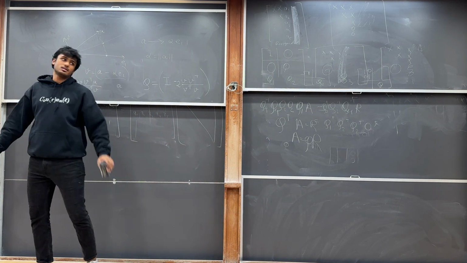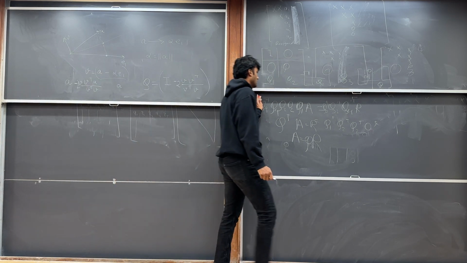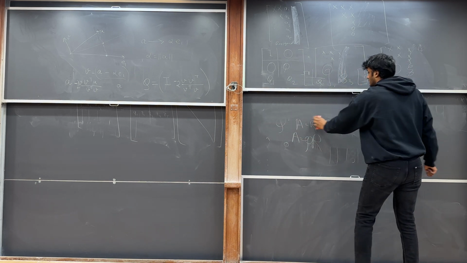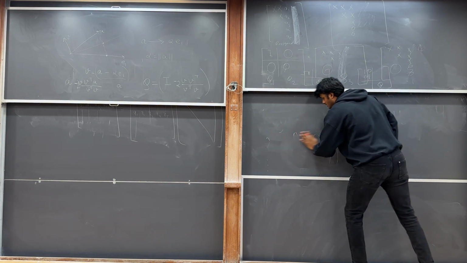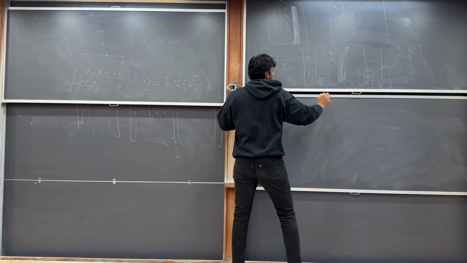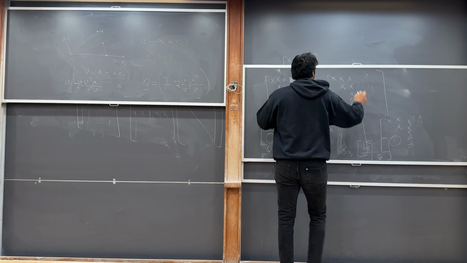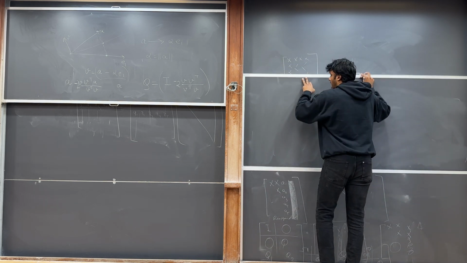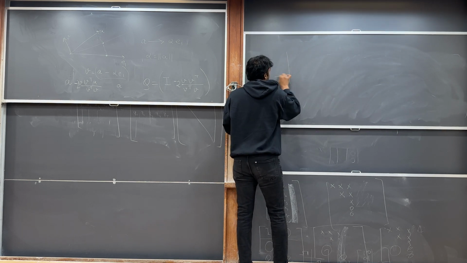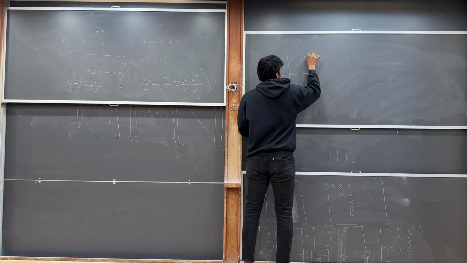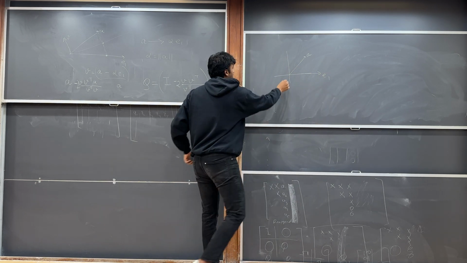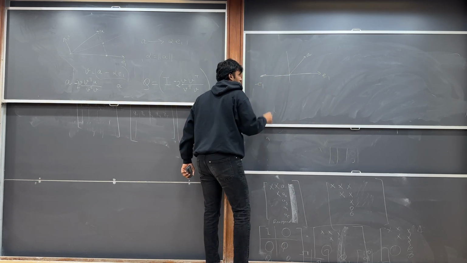Now there is one thing that is actually interesting about this algorithm. When I do reflections, I have my vector A and I want to reflect it to E1, but I could have also reflected it to minus E1.